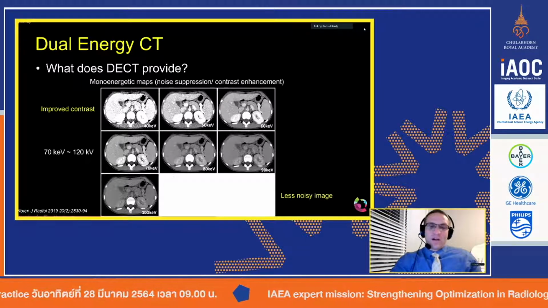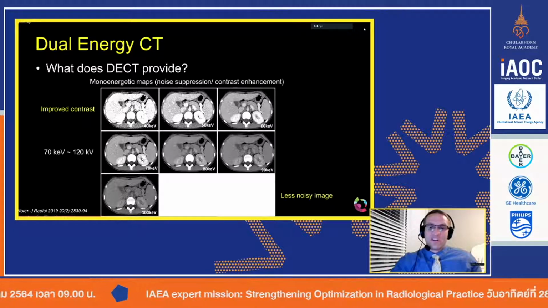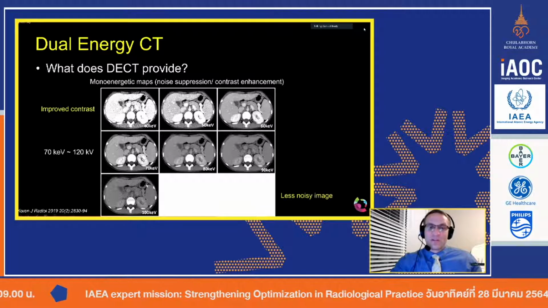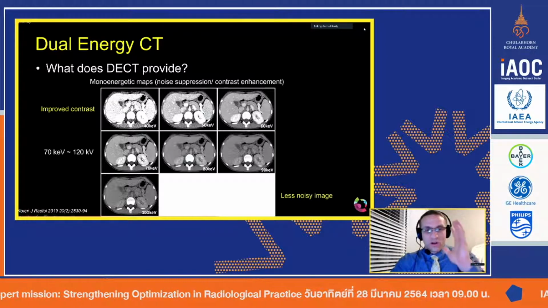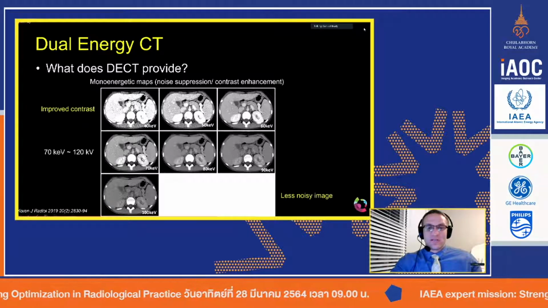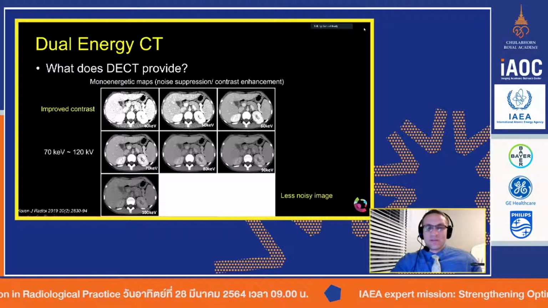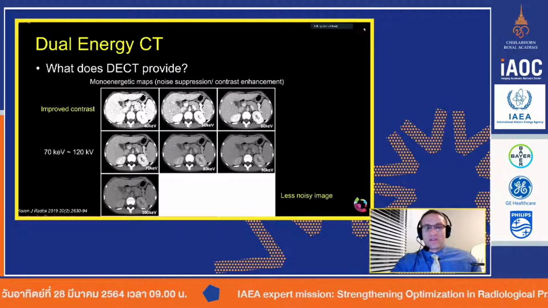What you see here when you look from low to high is that the lower energy mono E images have very strong contrast. Obviously, this is a contrast-enhanced image. The kidneys are just as bright as can be, the liver and spleen are much brighter, and you can even see the vasculature.